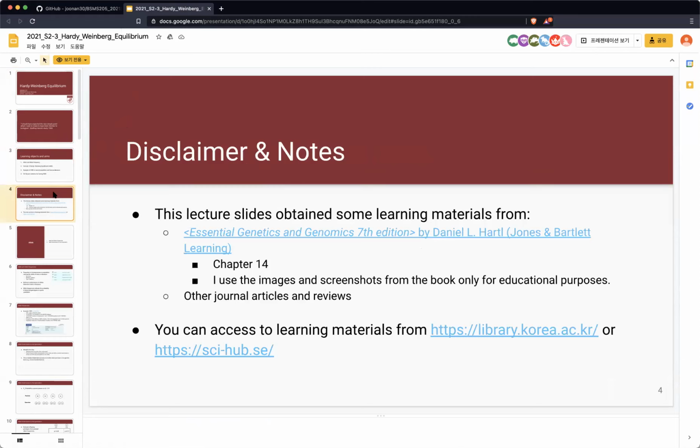You can find some textbook material in this book, chapter 14, and you can access the textbook freely on our university library. Also some of the learning materials are beyond the paywall, so you have to use our library internet or use Sci-Hub for your access.